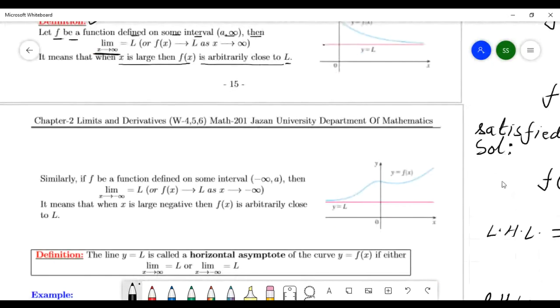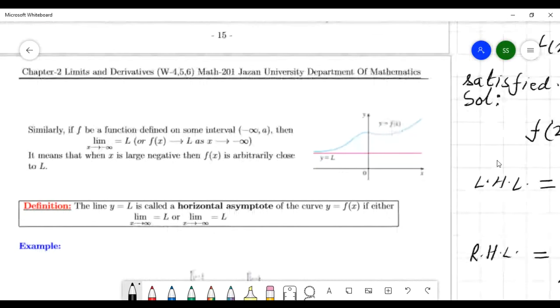And see this definition. In the same way, the limit as x goes to minus infinity.